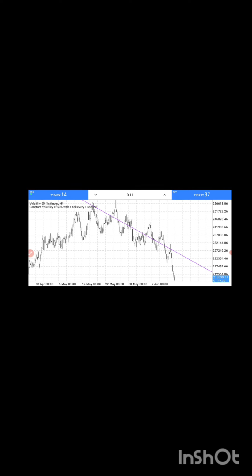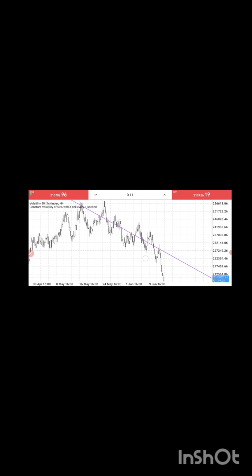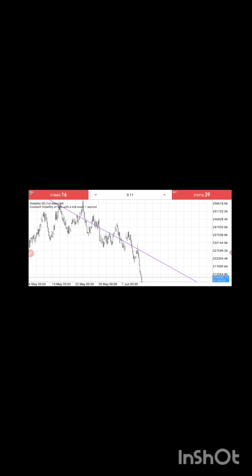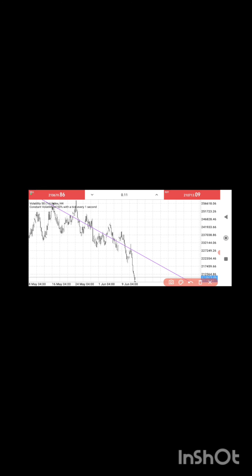Okay, but for all price, let's assume that the equation of this line is f of t, with time. So every price above this line is not going to be reasonable again.